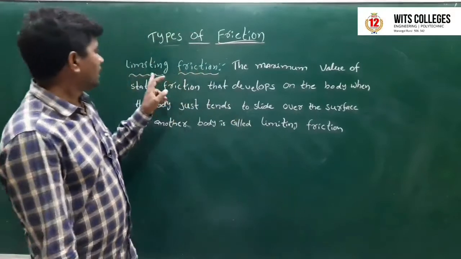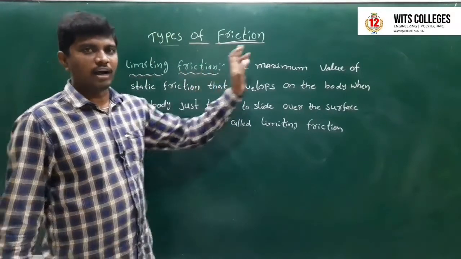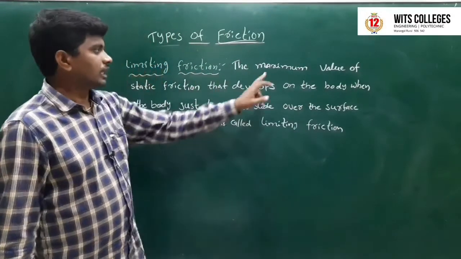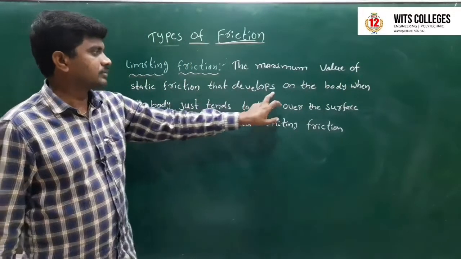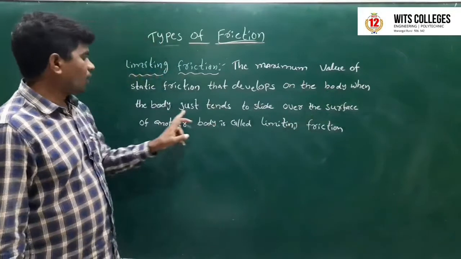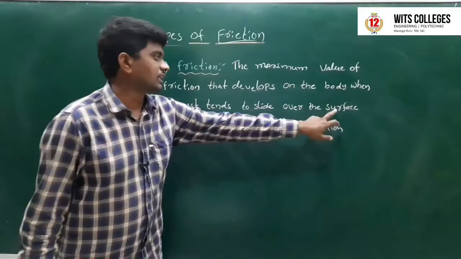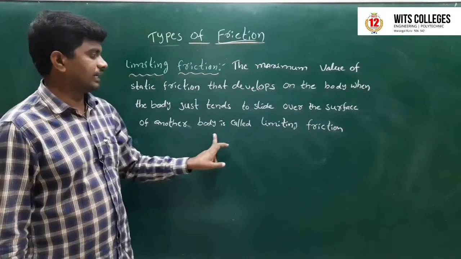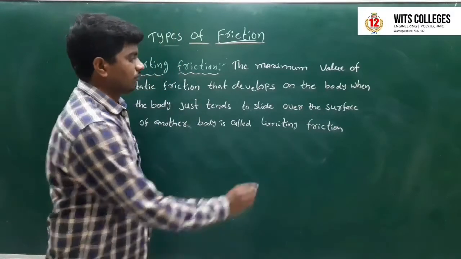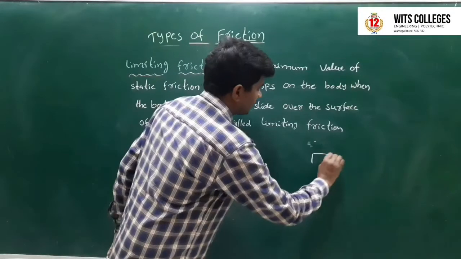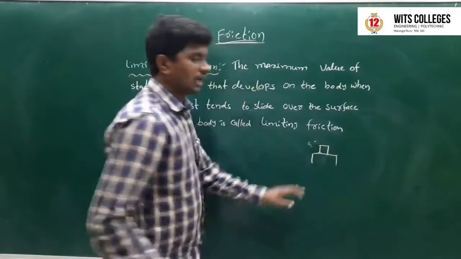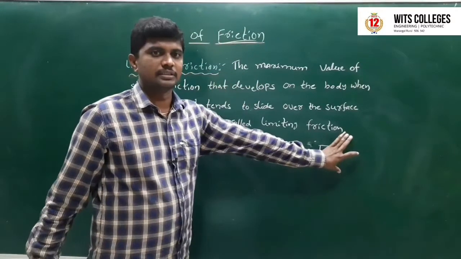Another one is the limiting friction. What is limiting friction? The maximum value of static friction that develops on the body when the body just tends to slide over the surface of another body is called limiting friction. For example, with the table and book constant, there is no change.